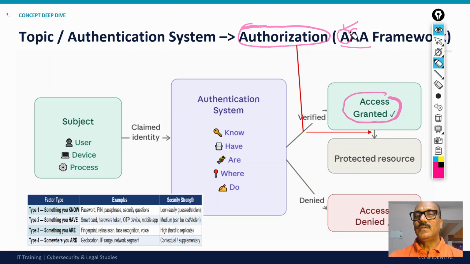Today we are going to move to the second A, that is authorization. Once access is granted, you are going to access the resource in that network. A resource can be, for a very simple example, a file server. You are connecting remotely and accessing the file server.